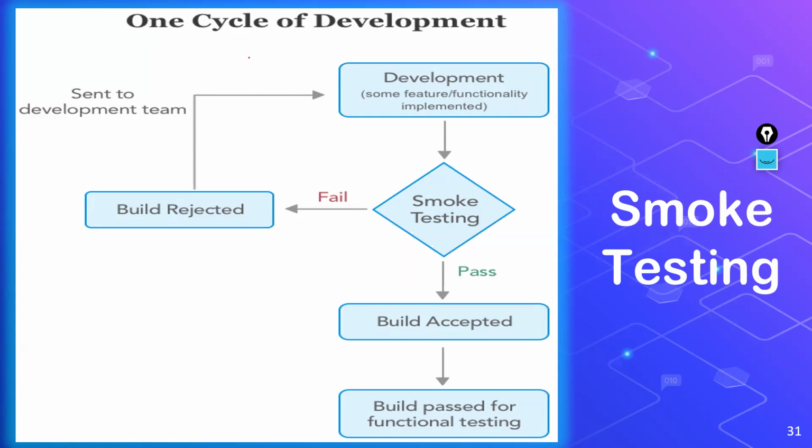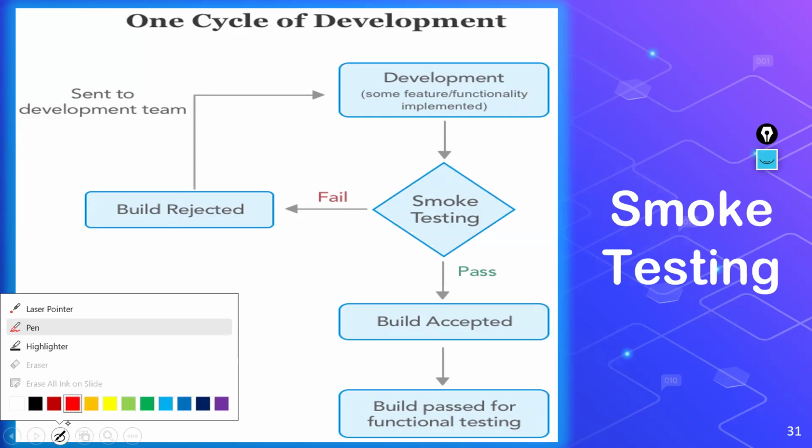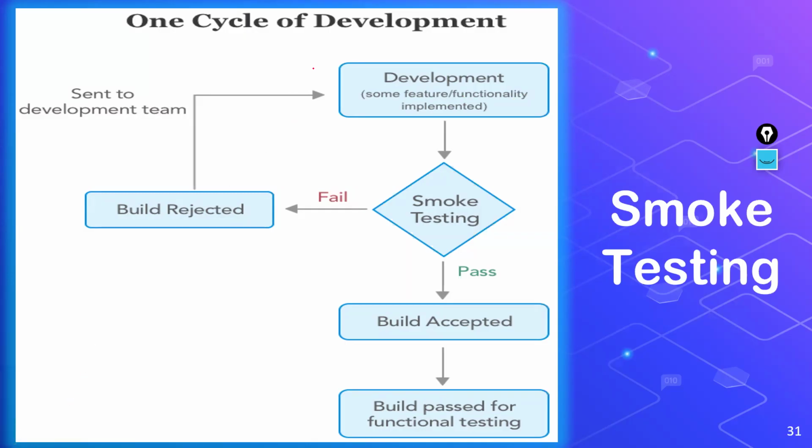When you have your application, this application will be created by your development team, and your development team has to provide that application to the test team. As soon as the testing team receives the application, they'll have to start testing, right?